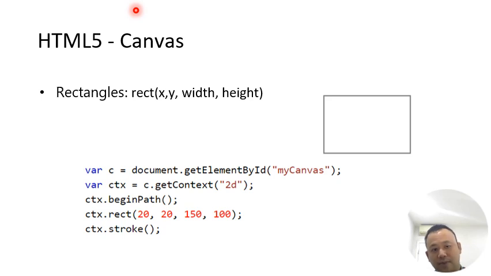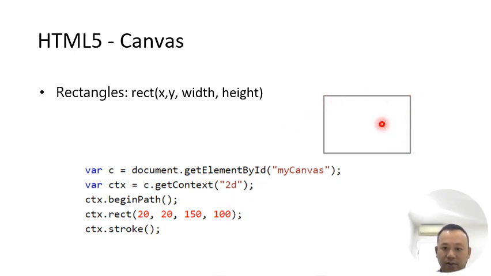This code snippet draws a rectangle starting at the coordinate 20 and 20 and extending 150 pixels to the right and 100 pixels downwards. The rect method is used to define a rectangle path. You will need to use the stroke or fill method to actually render it with line or fill respectively.